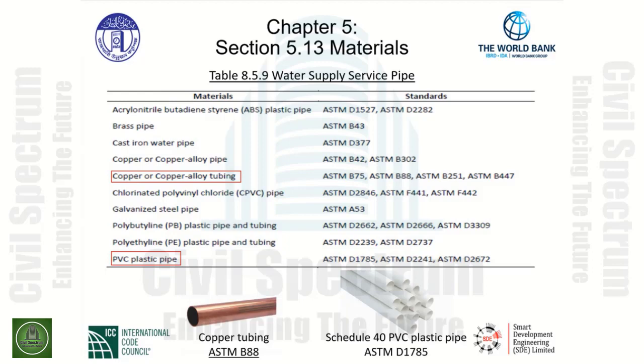However, there are several standards that are associated with this type or these types of materials used for water supply service pipe. As we break it down, an example indicated below the table is copper tubing. Copper tubing needs to meet the standard ASTM B88.